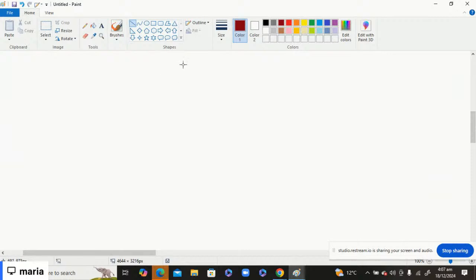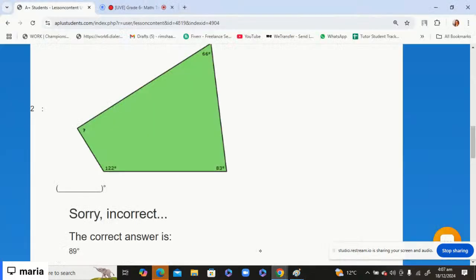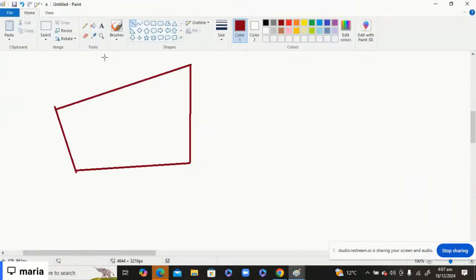For example, here is the shape that is given, with angles 66, 83, and 102 degrees. So how can we solve this one?